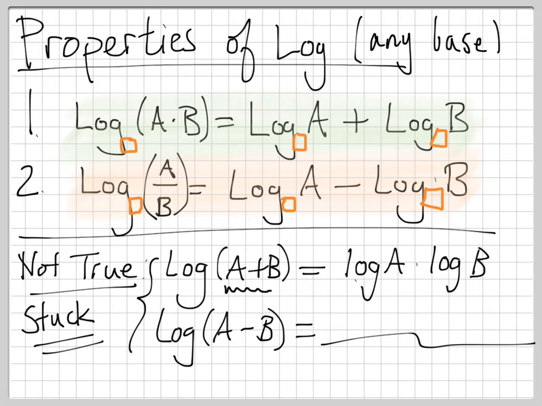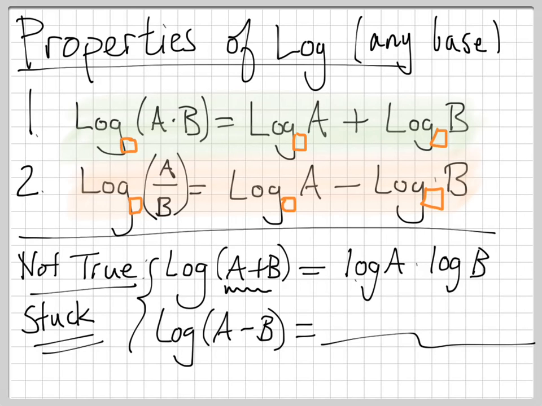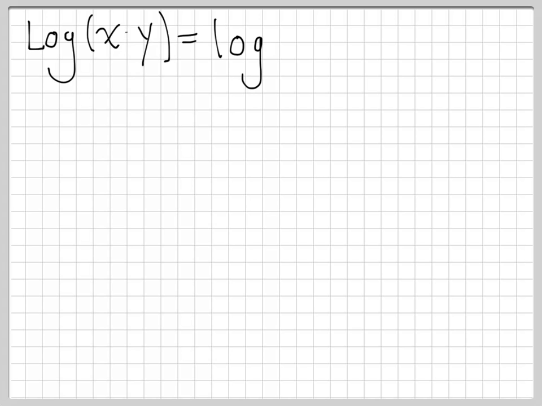Alright, so let's try to use these two properties to either combine or break up some logs. So let's do log of x times y. That's just log x plus log y.